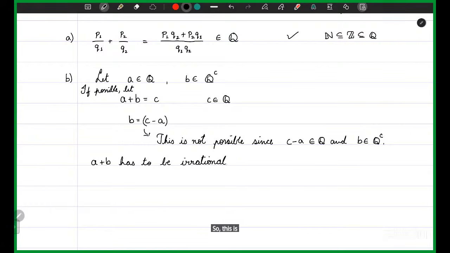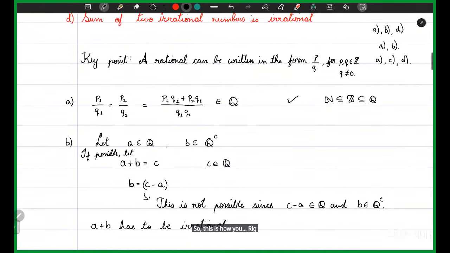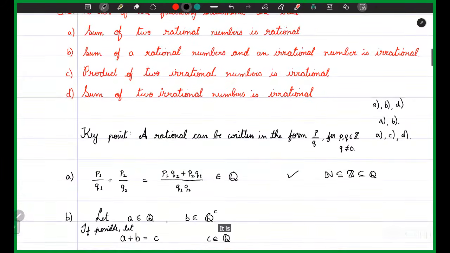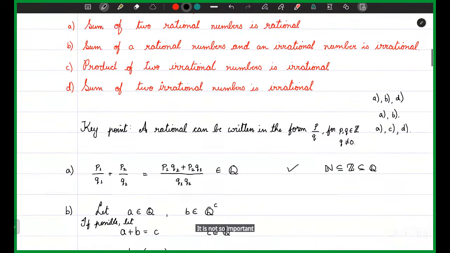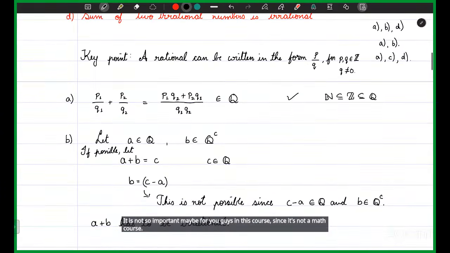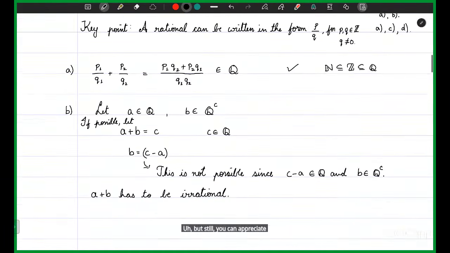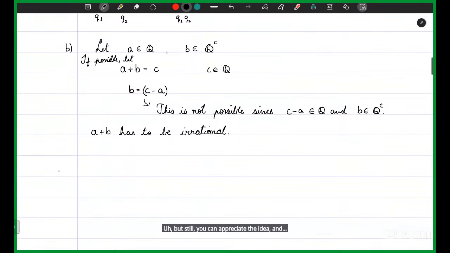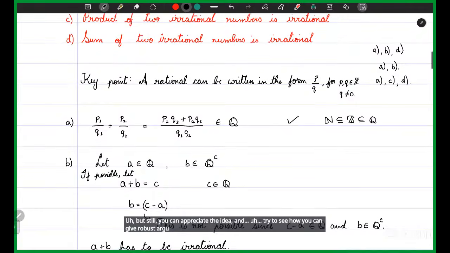So this is how you rigorously prove the statement. It is not so important maybe for you guys in this course, since it's not a math course, but still you can appreciate the idea and try to see how you can give robust arguments.